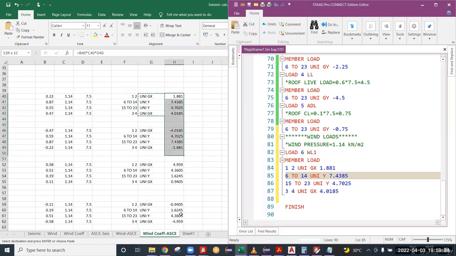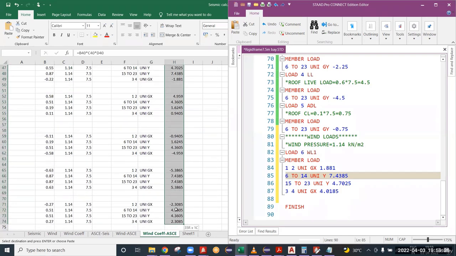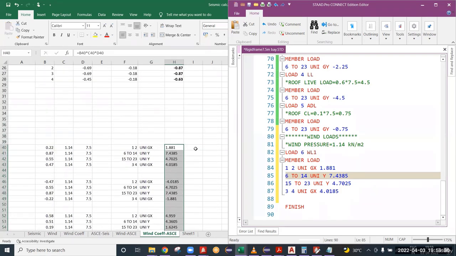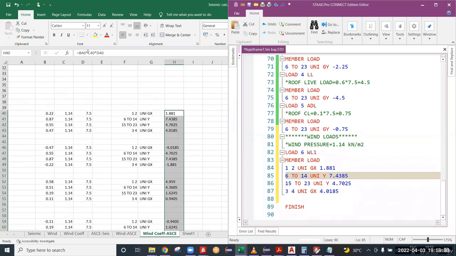I'm not doing anything special; these are all simple Excel tricks. Okay, leave it like that.